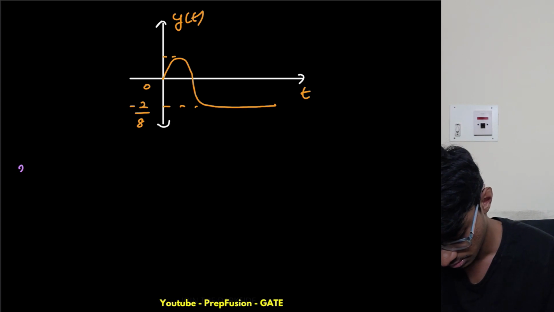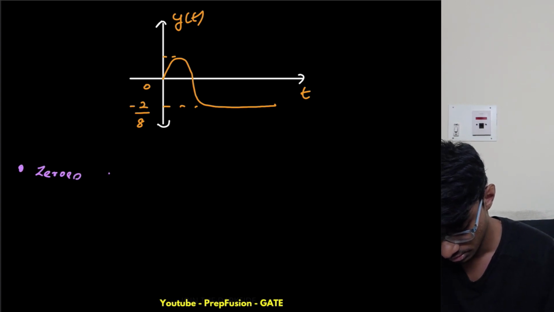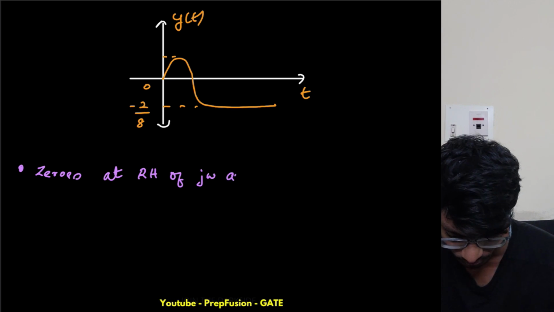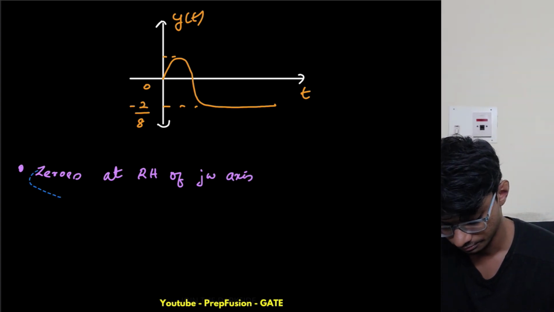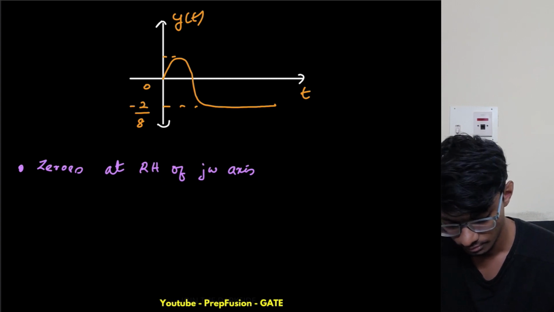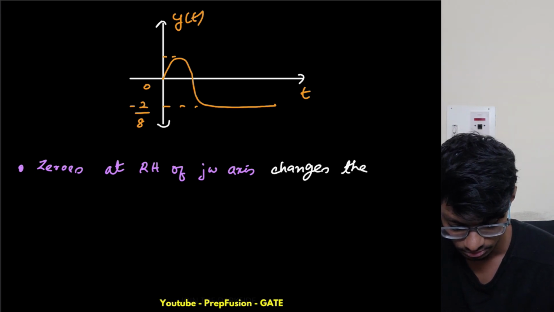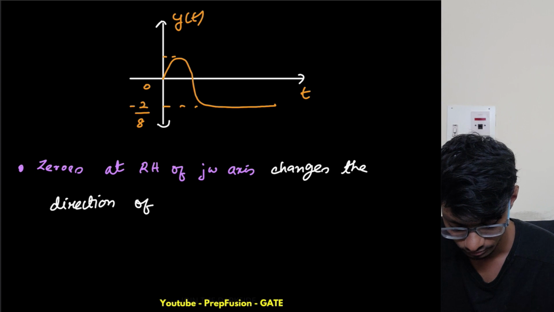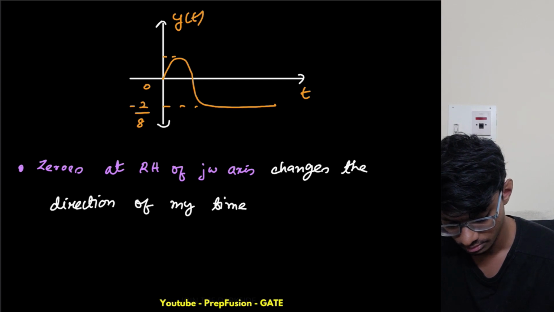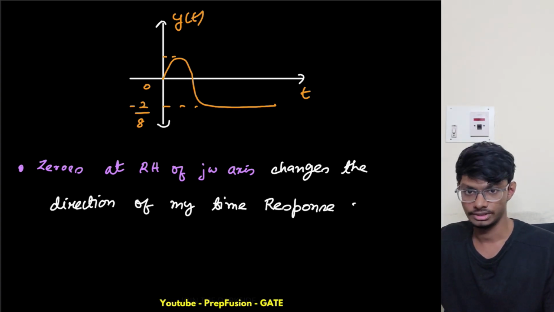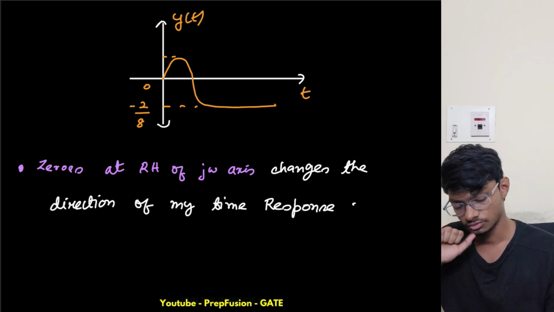It changes the direction of my time response, which is actually not good, because it is not either in the positive direction or the negative direction. Basically the direction means the sign, right? So why is this not good?